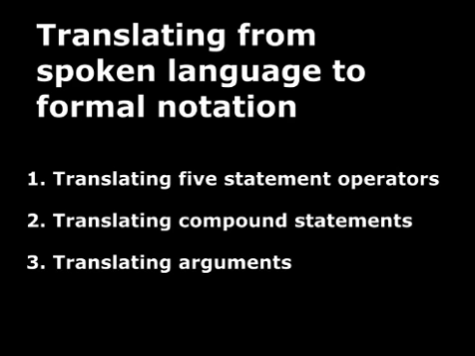And then once we can do the statements, we can do arguments that are made of statements. And in fact, that's trivial because an argument isn't anything other than a set of statements. So once we can do the statements, arguments are trivial. Okay. So step 1 is translating the different operators. And here's how it works.